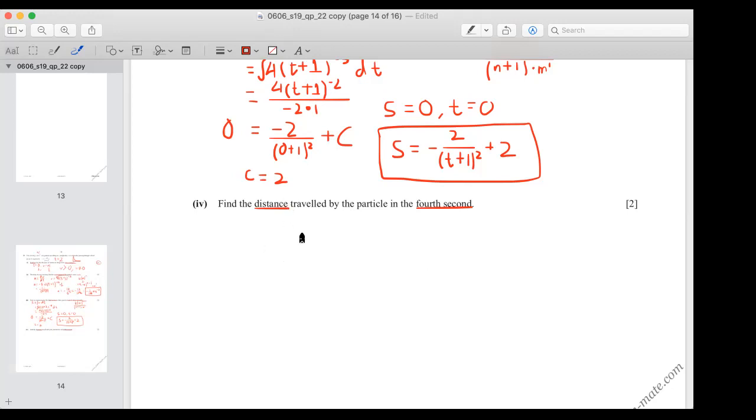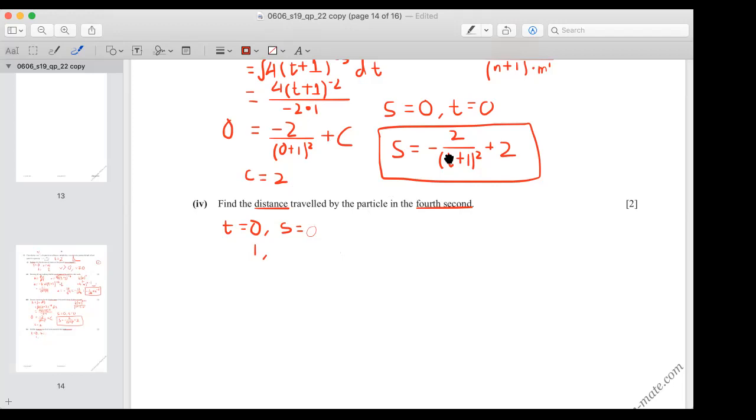So let's find the distance. First of all, we substitute t equals 0. And when we have 0, s equals 0. Okay, how about if it's 1? So when it's 1, we substitute 1 into this equation. I'm not writing it because it's a pain to do so, but just know that we're going to be using this displacement equation.